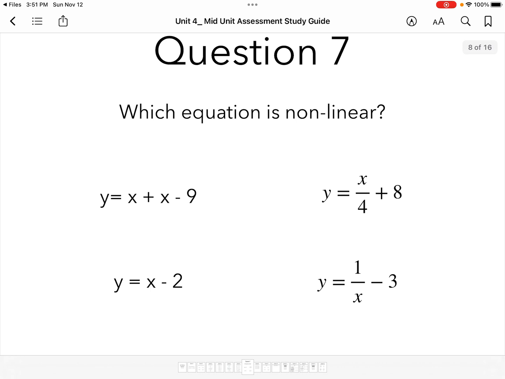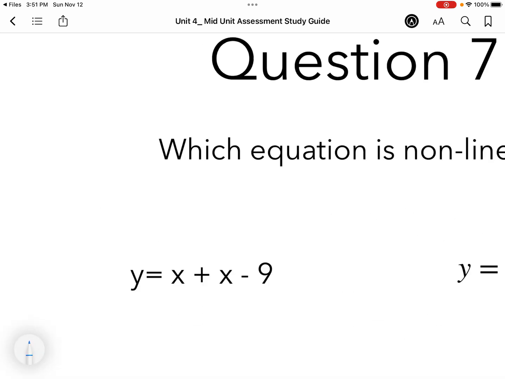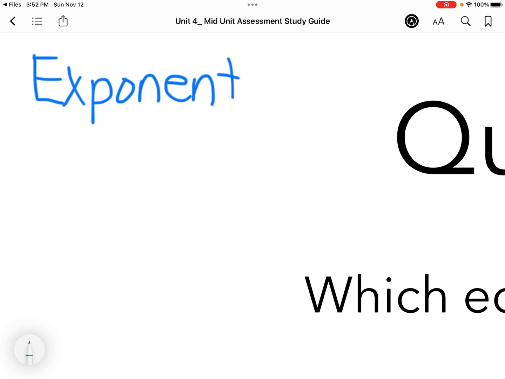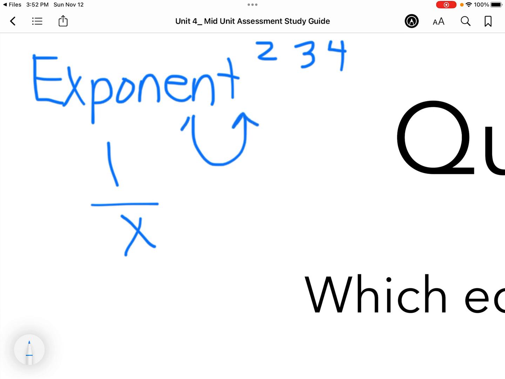Which equation is non-linear? Let's go over those things again that make an equation linear or non-linear. If it's got an exponent, or we're dividing by x. Remember, your exponents are like a little 2, a little 3, a little 4. Any of those exponents is going to create that parabola shape, or it's going to create a V, your absolute value lines.